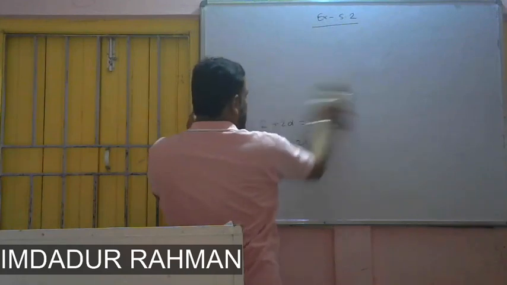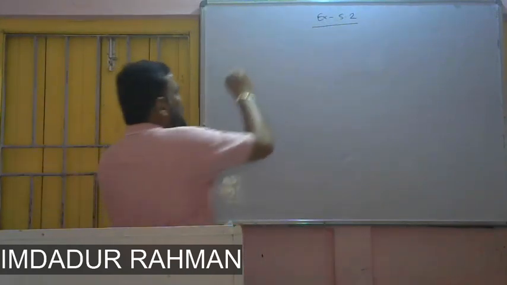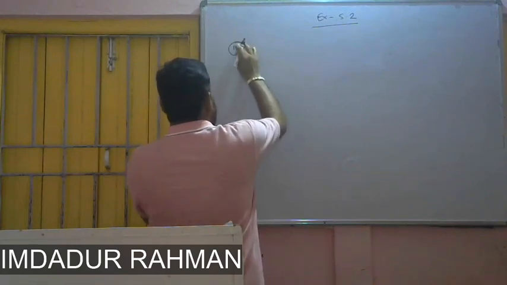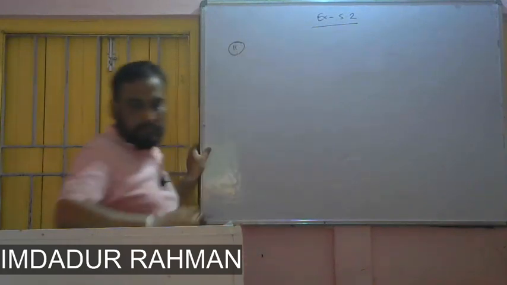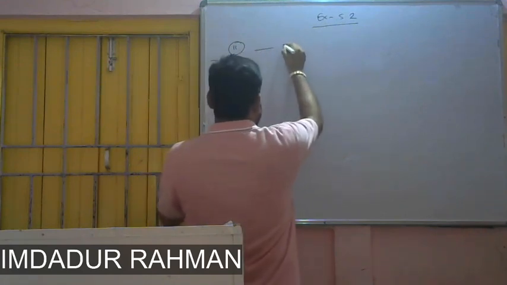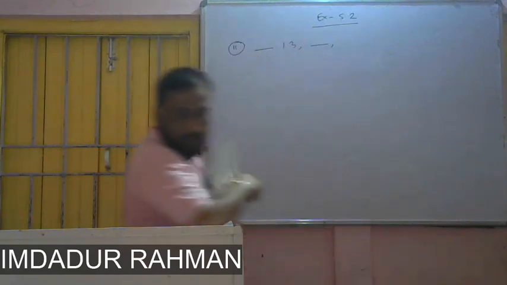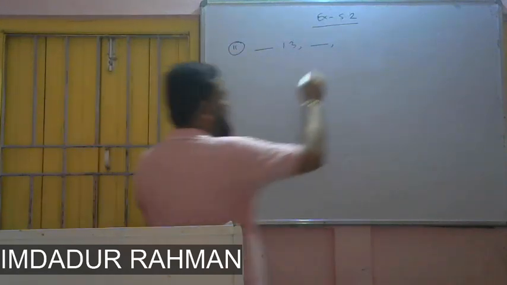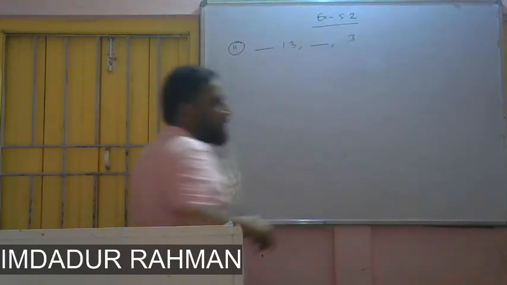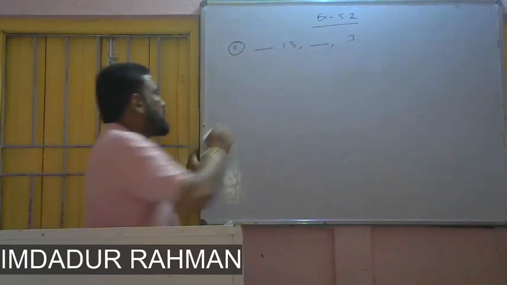Next, question number 2. First term not given, second term 13, fourth term not given, third term 3. So like this, first of all we will find out D only.